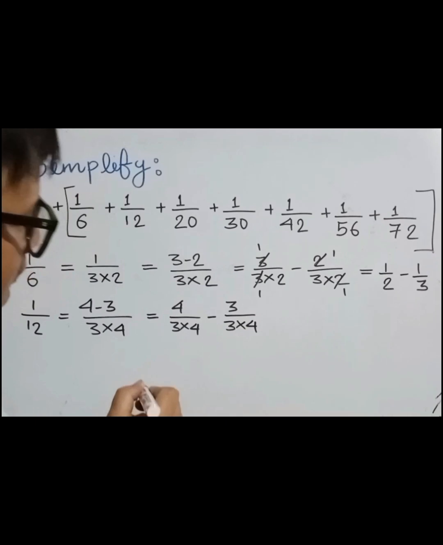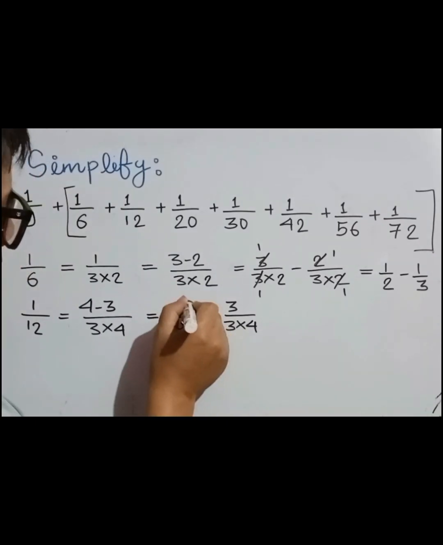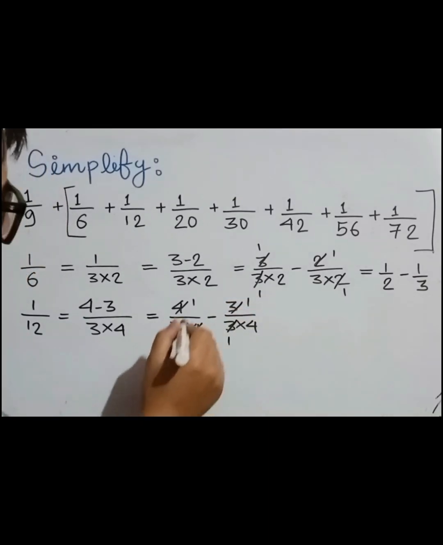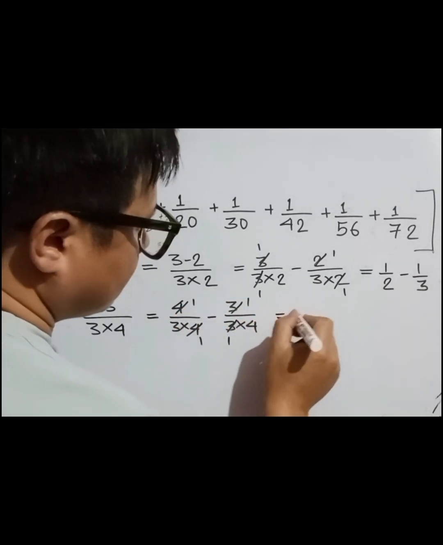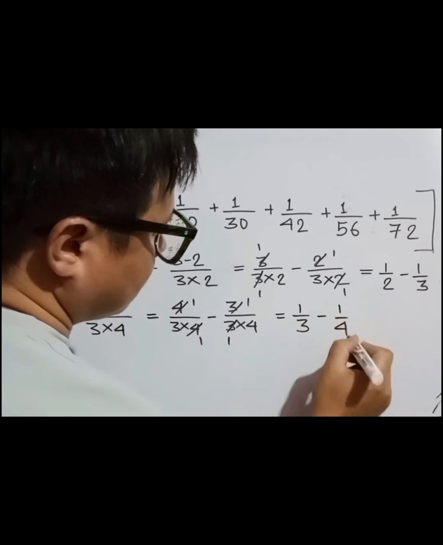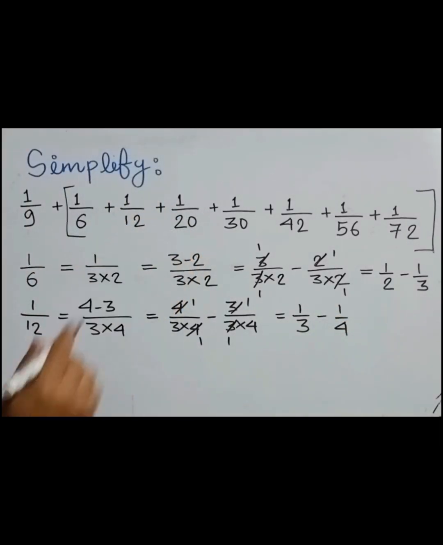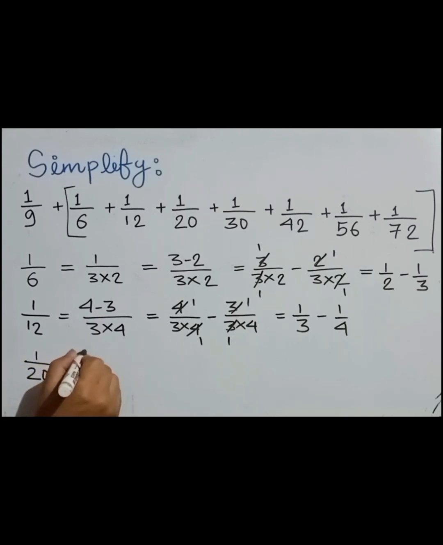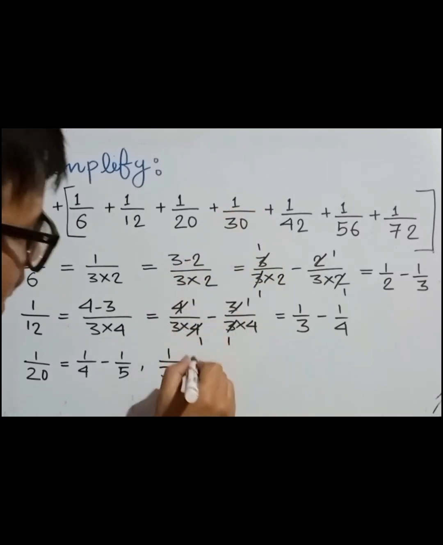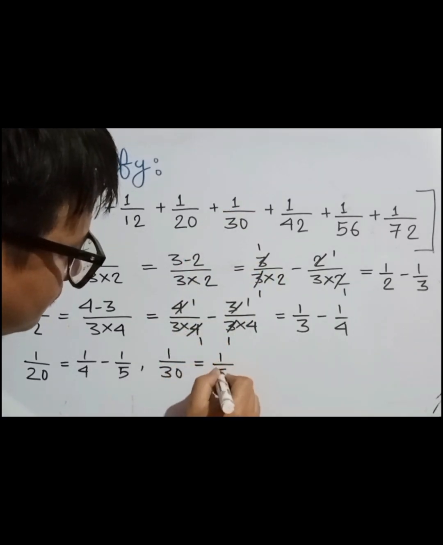Now we can cancel 4 with 4 and 3 with 3, and it becomes 1 upon 3 minus 1 upon 4. Similarly, the third term within the bracket, 1 upon 20 is equal to 1 upon 4 minus 1 upon 5. In the same way, 1 upon 30 as 1 upon 5 minus 1 upon 6.